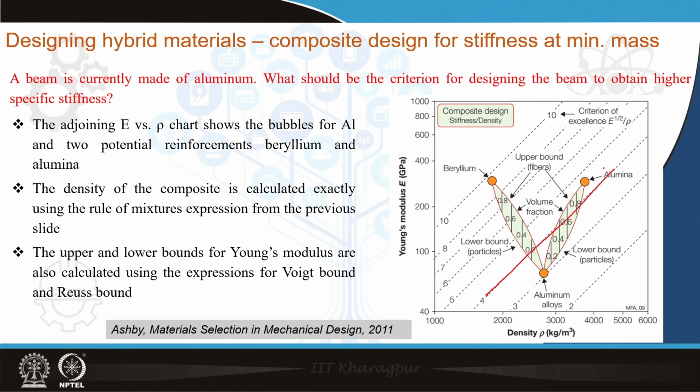The orientation of the aluminum-beryllium composite is almost 90 degrees, whereas the composite between aluminum and alumina is at a much lower angle. So, the best property improvements are obtained for those conditions where the composite leads to almost normal orientation with the property excellence lines, and this way we can again optimize the constituents of a composite to obtain the best properties.